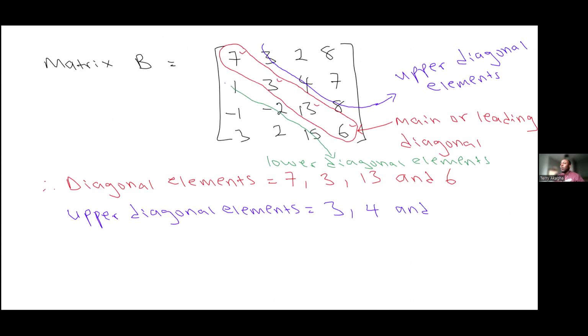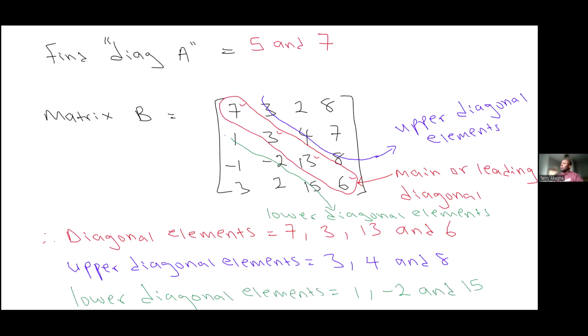Then the lower diagonal elements will be 1, minus 2, and what? 15.